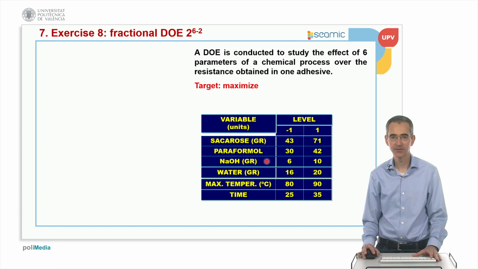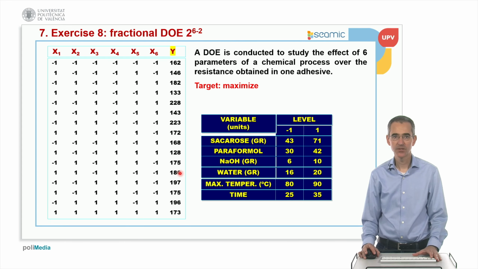Then the amount of NaOH, hydroxide of sodium, 6 versus 10, and then the amount of water, which is 16 versus 20, and then the maximum temperature, which is 80 degrees versus 90 degrees, and then time 25 versus 35. Okay, good. So this is the experimental matrix.